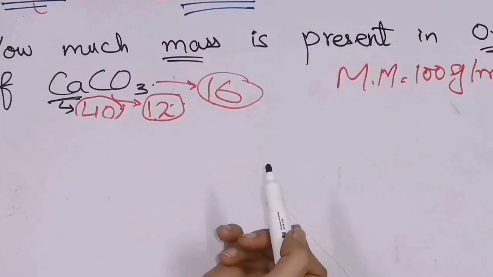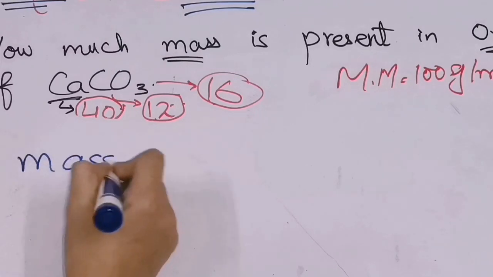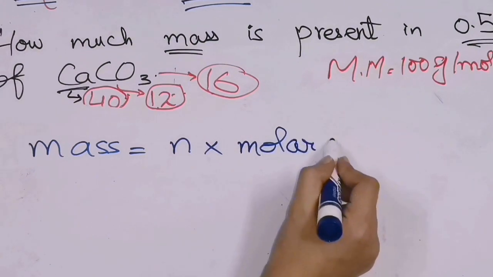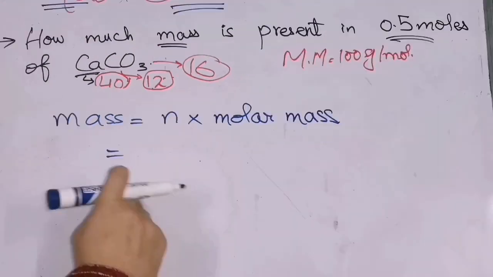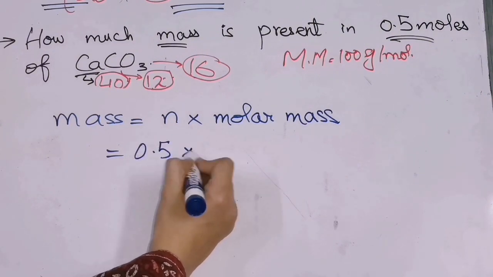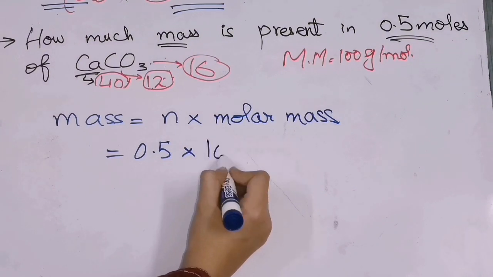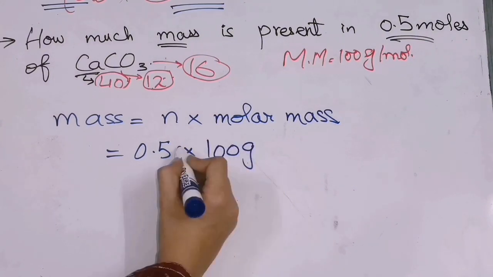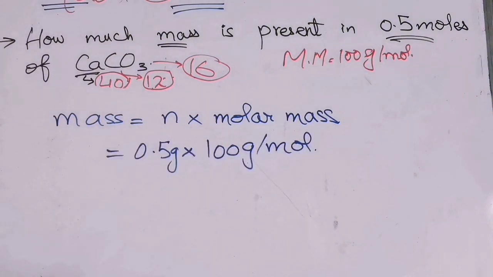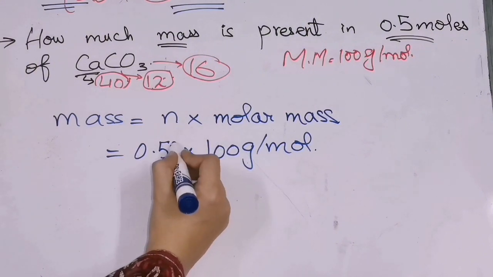The formula that we rearranged was that mass is equal to number of mole multiplied by molar mass. Now, number of moles is already present in the question, that is 0.5. We will multiply it with the molar mass, that is 100 gram per mole. Okay? No. Here it's mole.